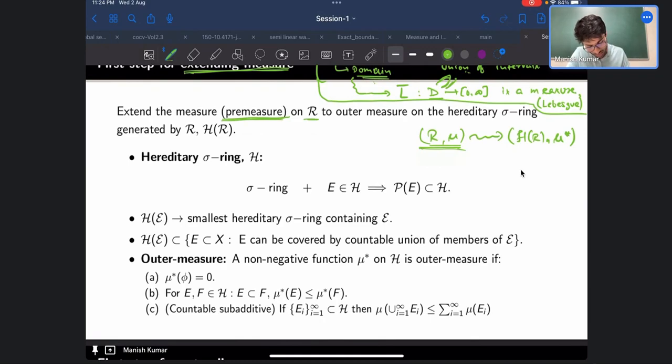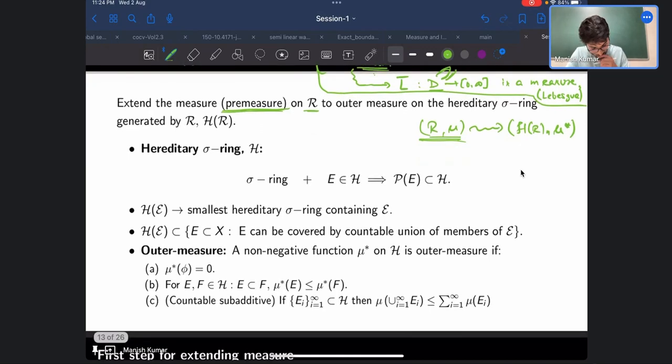So what is a hereditary sigma ring? It basically means it is a sigma ring, and that is the first property. The second property is that if something belongs to H, then any subset of it should be in H. So if E belongs to H, the power set of E should be in H. This is what is meant by a hereditary sigma ring.